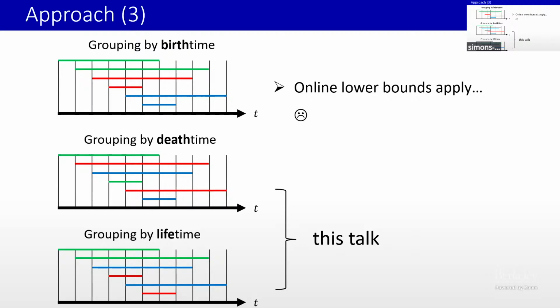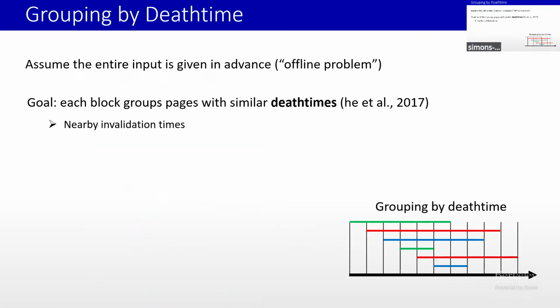In the talk, I'll present an algorithm that uses death time, and then an algorithm that groups according to lifetime. For ease of presentation, let's assume we're still in the offline setting, where everything is known in advance. I'm going to develop an algorithm, and then we'll see how to transfer it to an almost online setting.